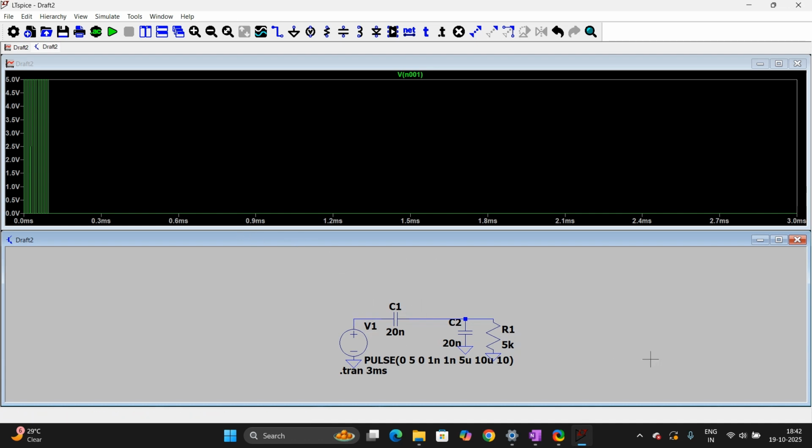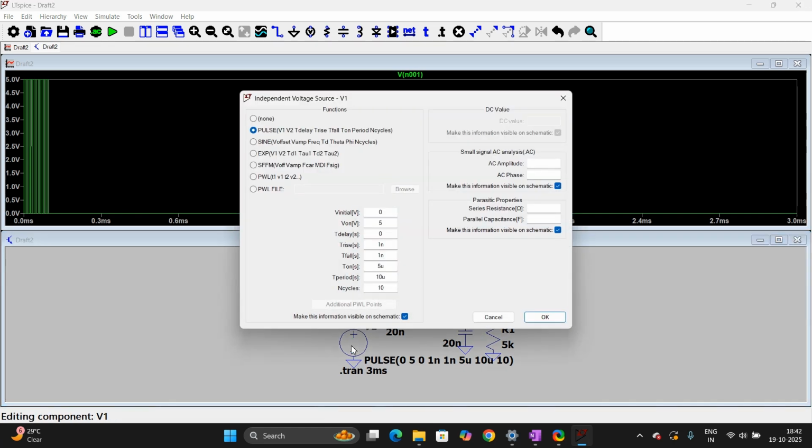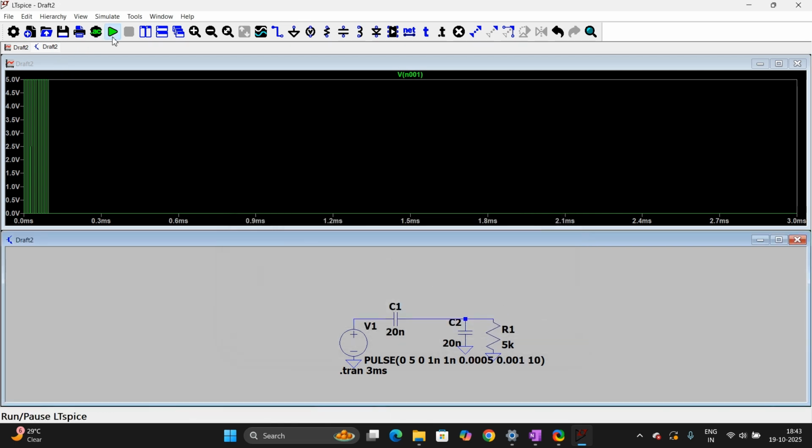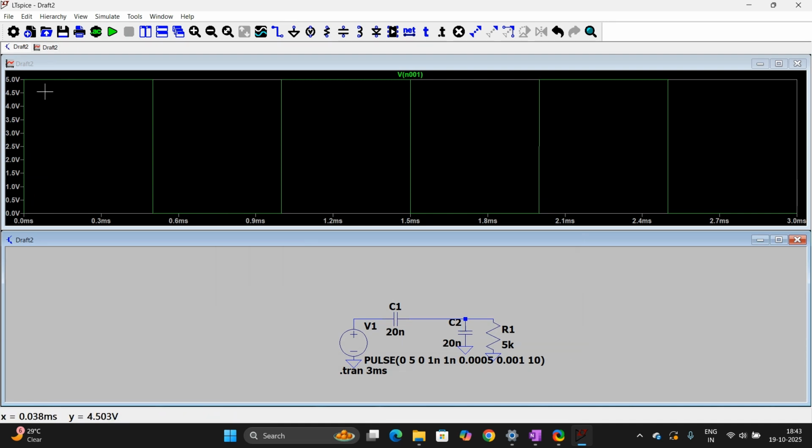What is happening? Oh, sorry, maybe there is some error. It is plotted like this, 0.0005 millisecond. Then the time period is 0.001. Okay, now run again.